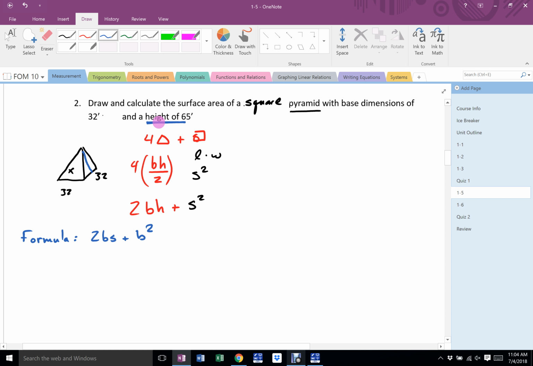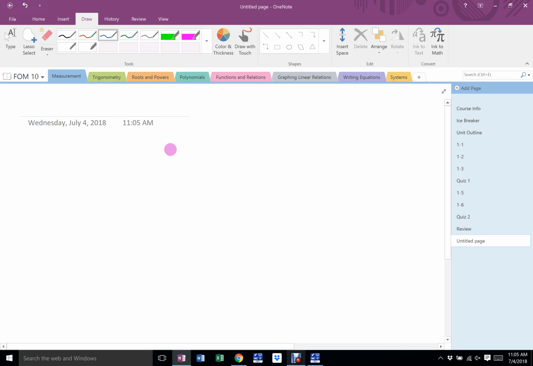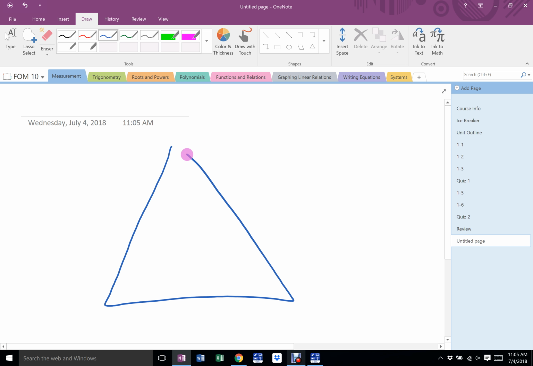What have we been given? The height of the pyramid, correct? How would we measure height of a pyramid? I'm going to draw it bigger so it's easier to see. How would we measure the height of that?